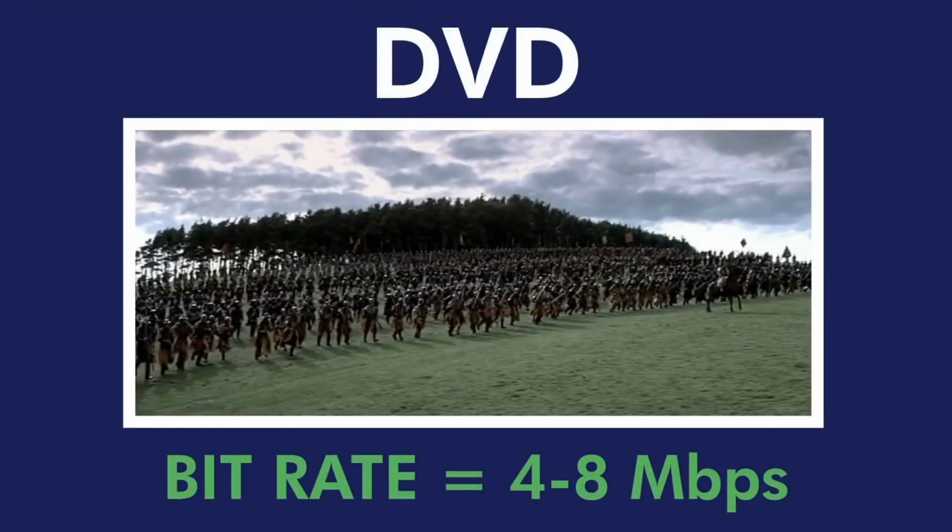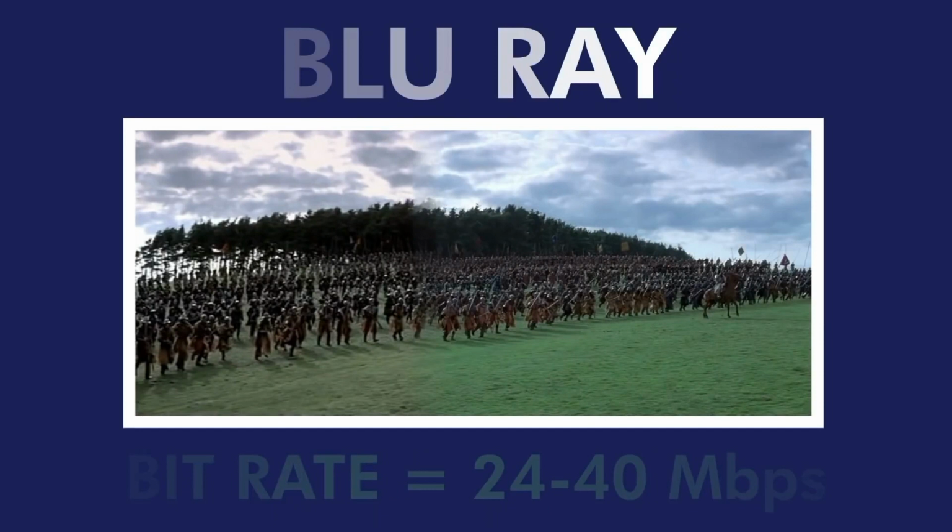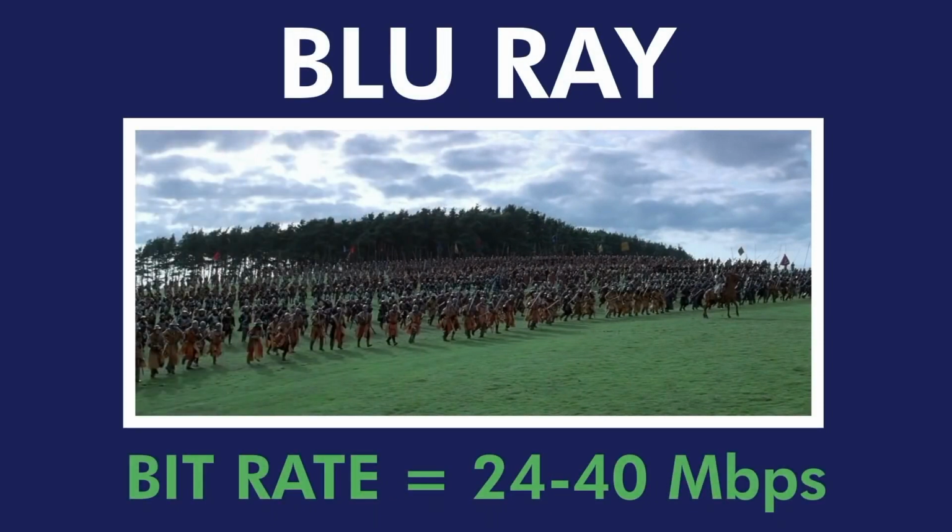So let's compare this to a DVD as an example. Now normally when you're watching it on YouTube, it was 8 megabits. If you watch it from a DVD, and you put all the decoding and transferred all the data on, it's normally between 4 to 8 megabits per second. And if you look at Blu-ray, the bitrate is between 24 to 40 megabits per second, different quality again.